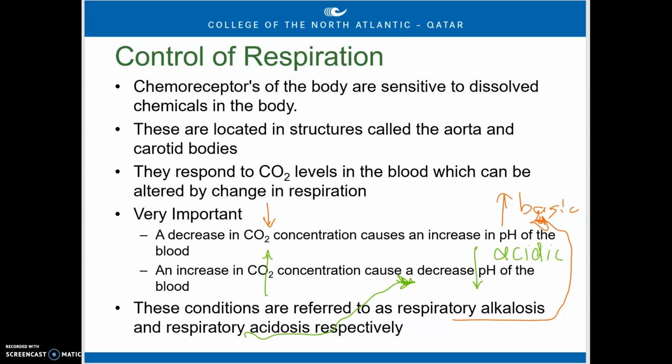What we'll do is change the rate of respiration so that we either get rid of extra carbon dioxide, so that we increase the pH to get it in that normal range, or we slow our breathing down so that we have a little bit more carbon dioxide there, so that our blood goes a little bit more acidic, and that maintains that pH balance. So control of respiration is always going to be based on the pH of the blood, and the way we control the pH of the blood is by controlling how much carbon dioxide is present.